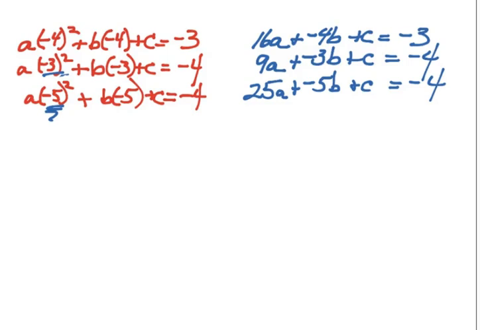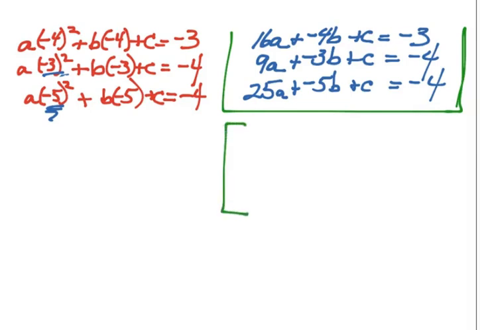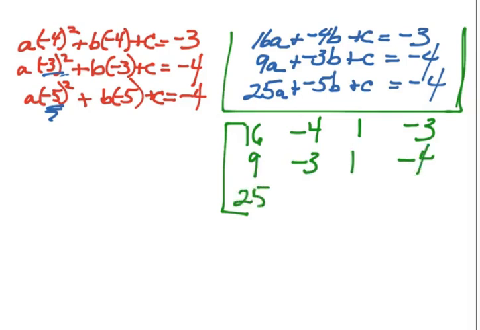All right, now let's look at this thing right here. Does that look like something we've seen before? It should. That is a matrix. 16, negative 4, 1, negative 3. 9, negative 3, 1, negative 4. 25, negative 5, 1, negative 4.